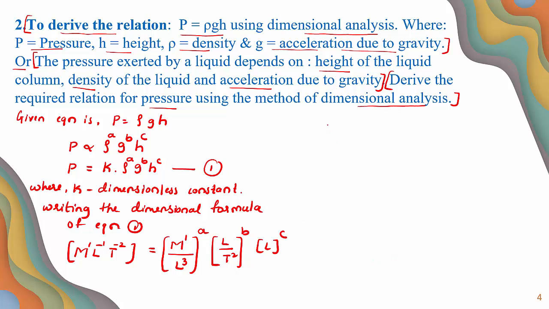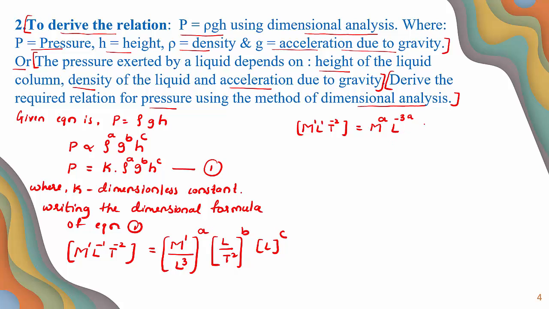Right? Or it can be written as m raised to 1, L raised to 1, T raised to minus 2 is equal to, I can write this equation as m raised to 1 into A, that will be m raised to A. Then L cube is taken to the numerator, it becomes L raised to minus 3 into A, L raised to minus 3A.